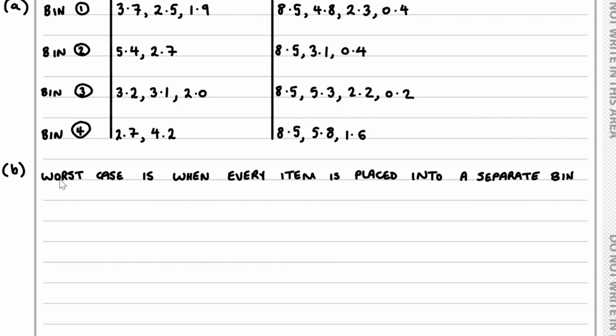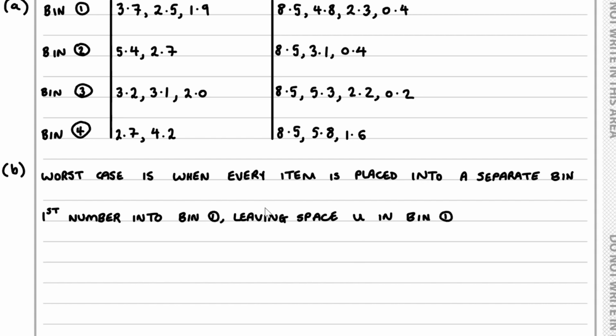So for part B, the worst case is when every item is placed into a separate bin. Of course, when we begin our algorithm, we put the first number into the first bin. And this will leave space U in bin number 1.